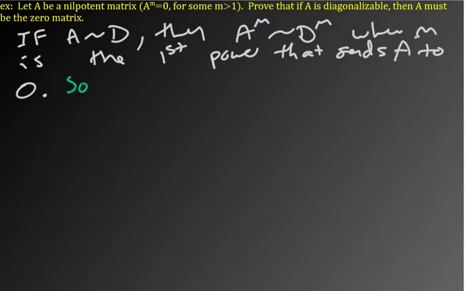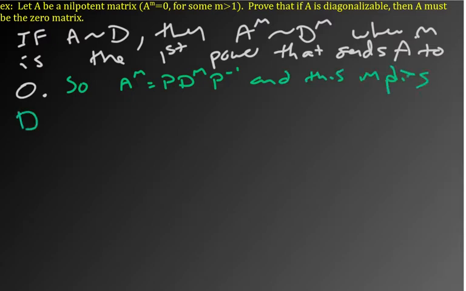So we know that A to the m, by definition, equals P D to the m P inverse, and this implies that D to the m equals 0. And that might not be super clear at first, but we know that A to the m is 0, right? So I might even add that here.